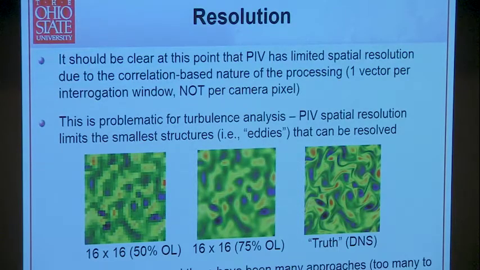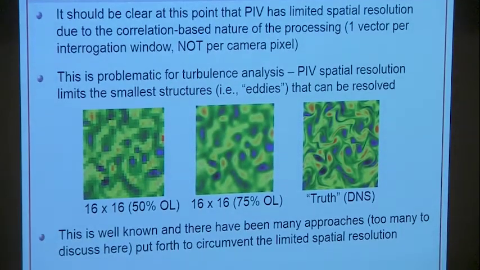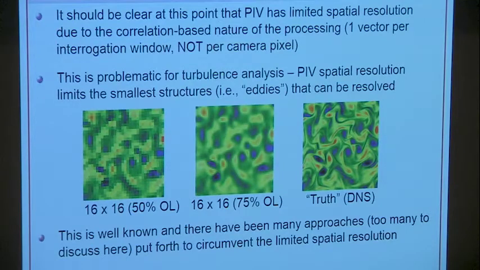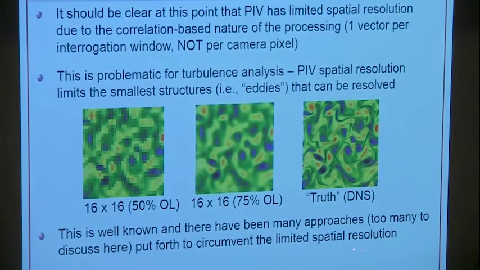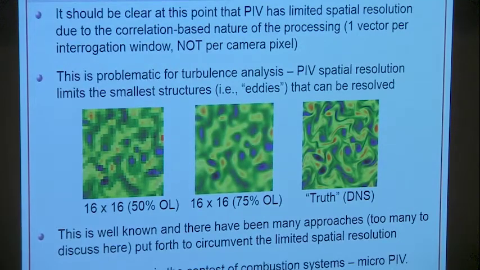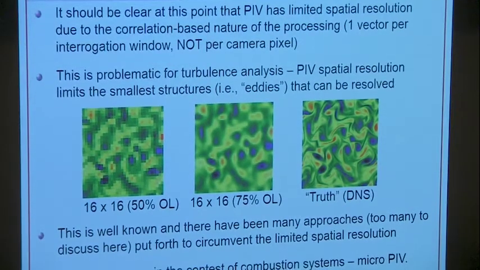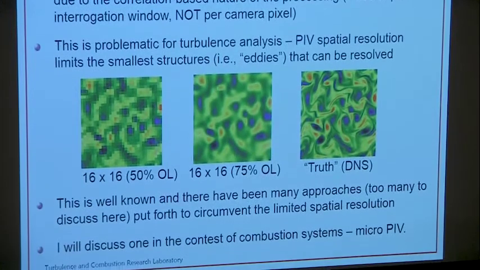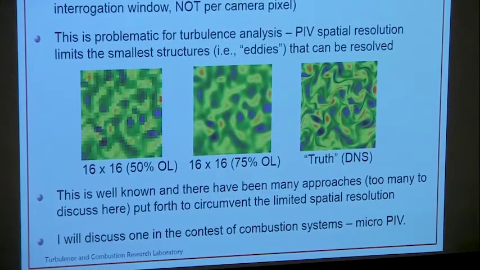So this is well known. This is nothing new. In fact, there's been outstanding research by people whose absolute focus is PIV. There have been many approaches to circumvent the limited spatial resolution, very, very good efforts. So what I want to talk about is just one in the context of combustion systems, and then move on to some other techniques that may be useful.